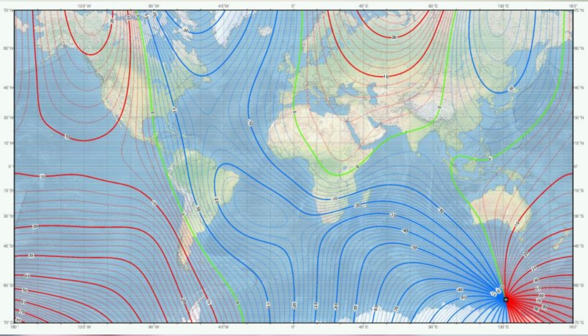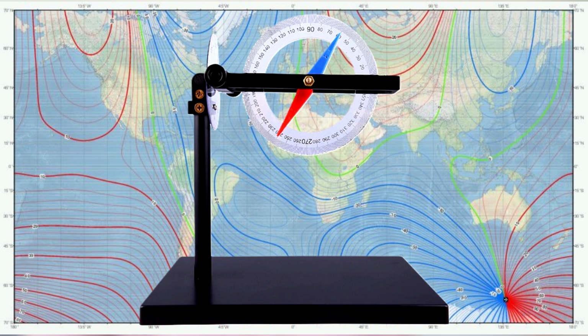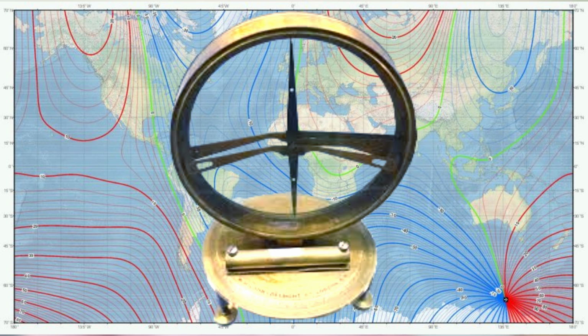This angle is called inclination or dip angle. Inclination changes depending on where you are. If you have a compass needle which freely rotates in all directions, then at the North Pole, the magnetic compass needle will point straight down, following the magnetic field lines.